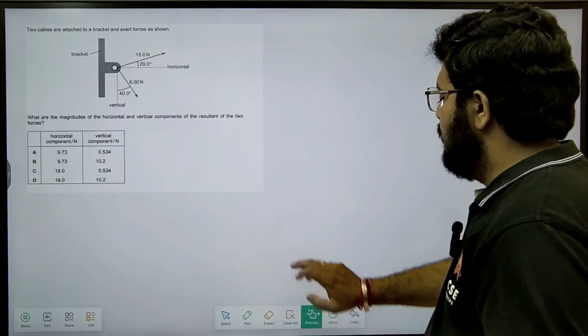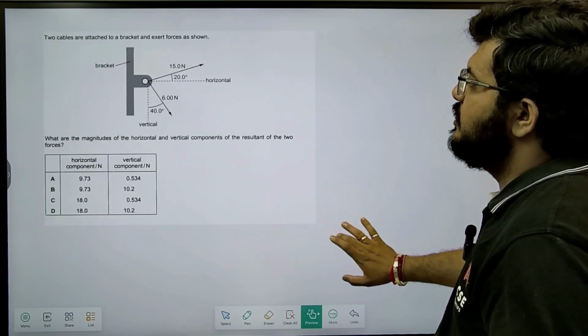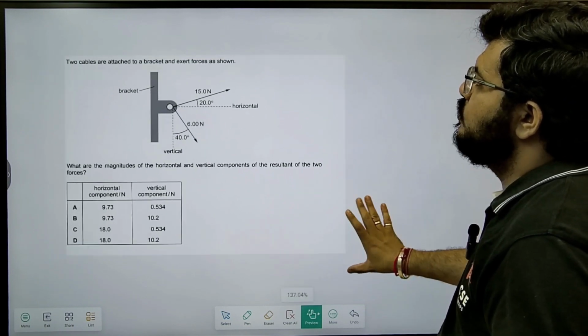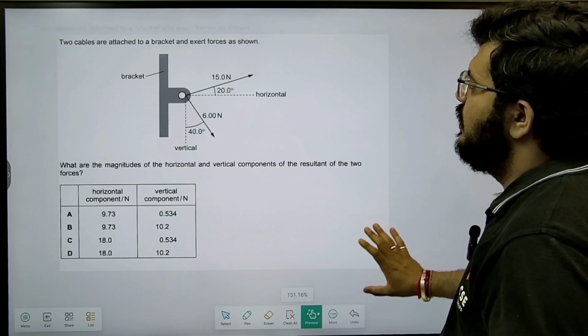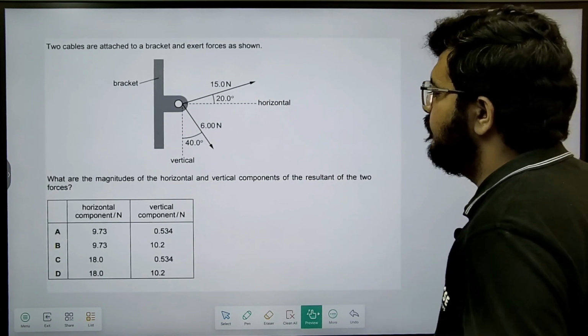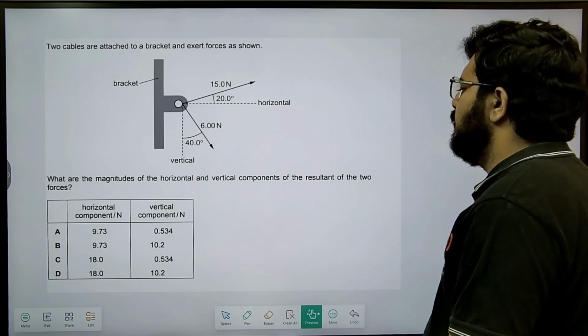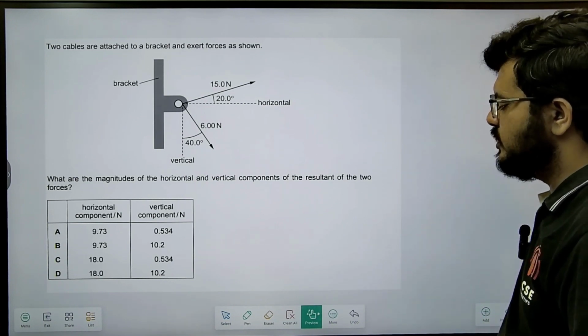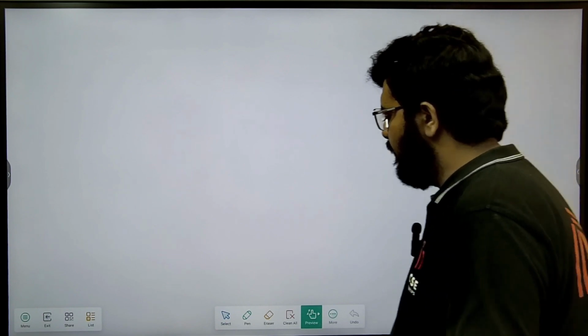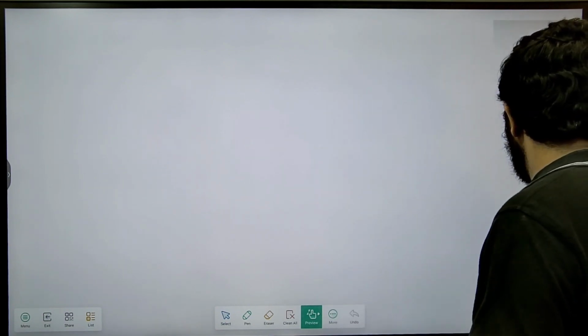Then we have this particular question where it says two cables are attached to a bracket and exert forces as shown. What are the magnitudes of horizontal and vertical component of the resultant of the two forces? Now guys, see, you have components a lot of times, right?